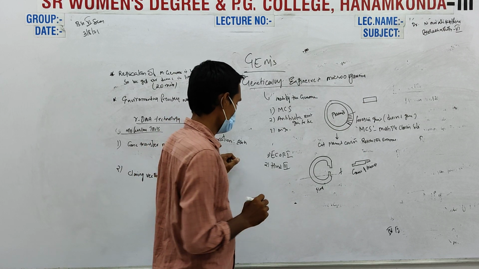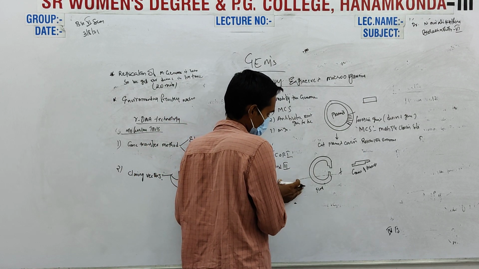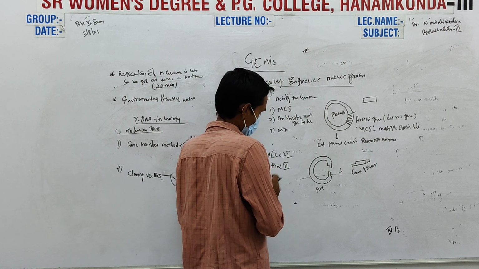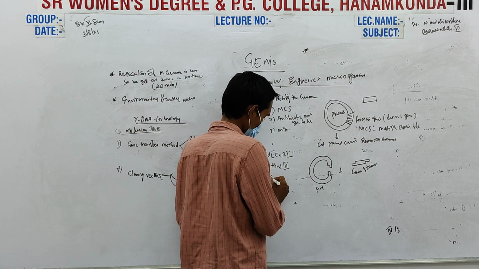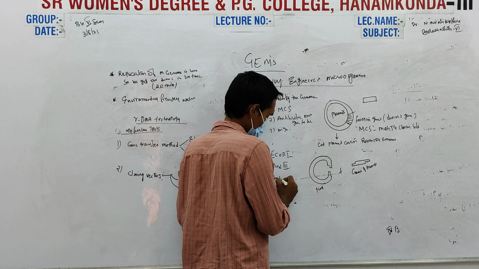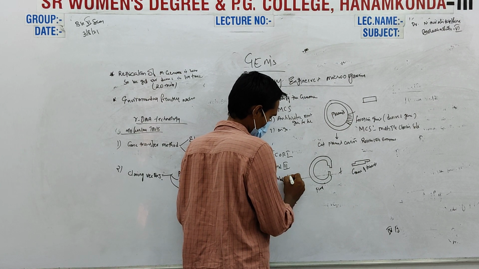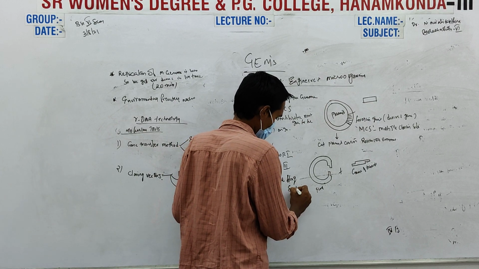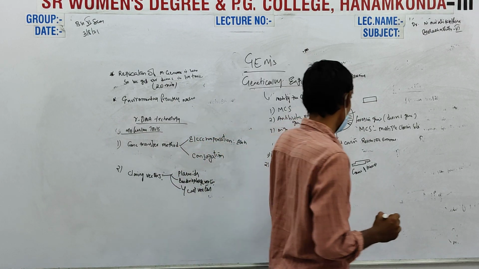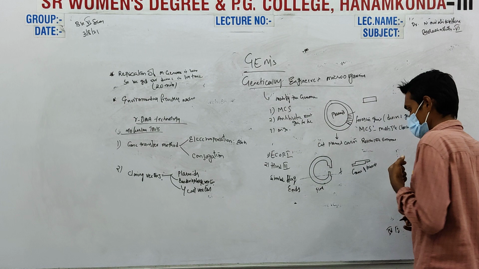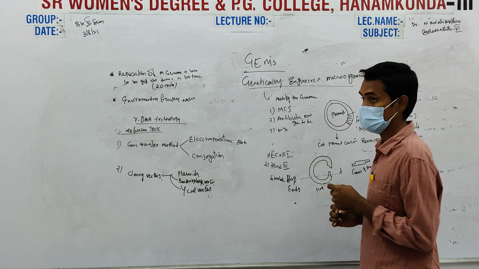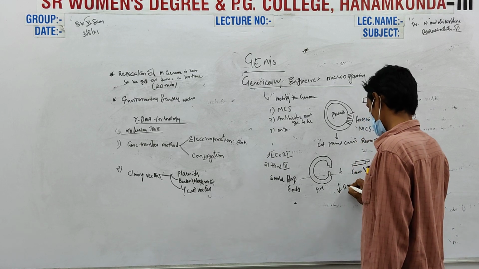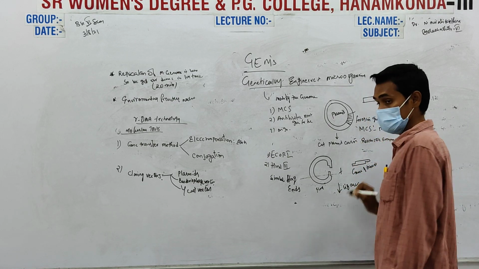The restriction digestion of the plasmid and gene of interest with the same enzyme produces similar sticky ends. After the restriction enzymes, we add the enzyme ligase.